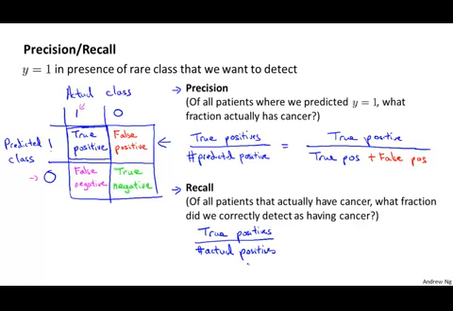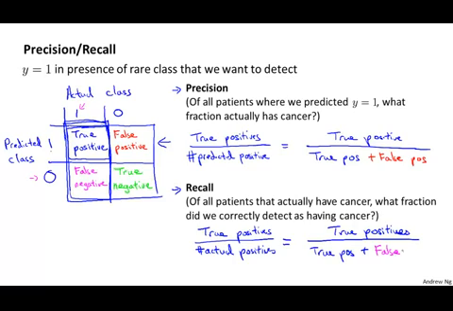To rewrite this in a different form, the number of actual positives is the sum of the entries in the first column. So this is the number of true positives divided by the number of true positives plus the number of false negatives. Once again, having a high recall would be a good thing.